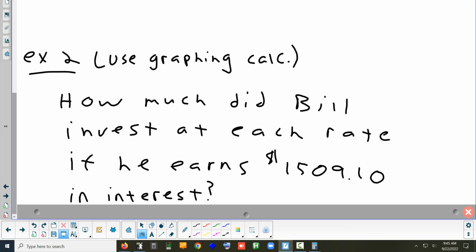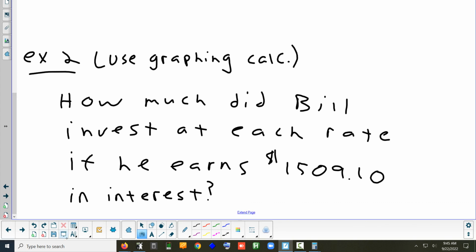Okay. So now, it says that Bill earned a total of $1,509.10. How much did he invest in each account? So we need that formula from the other page. I need to go back to it just to get it for a second.